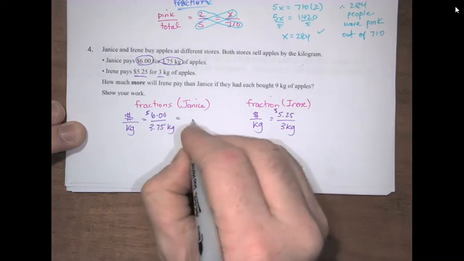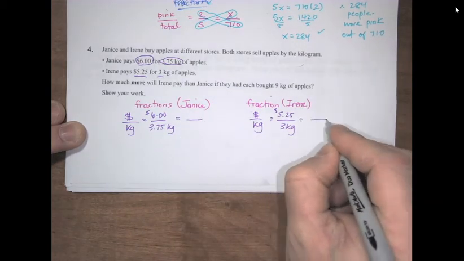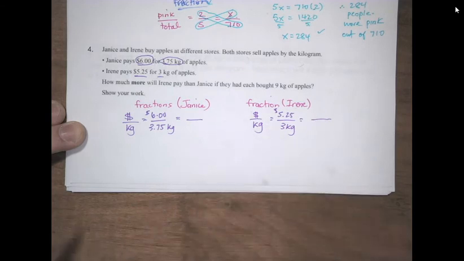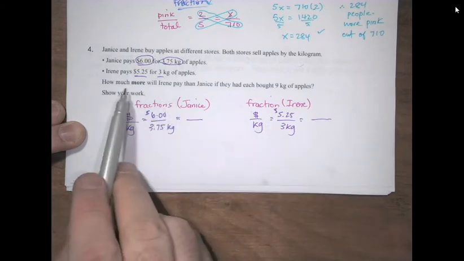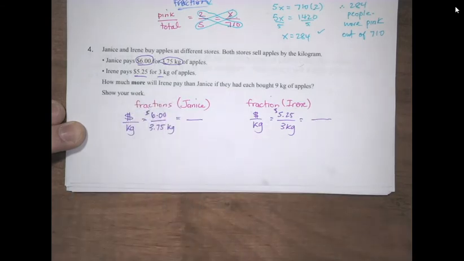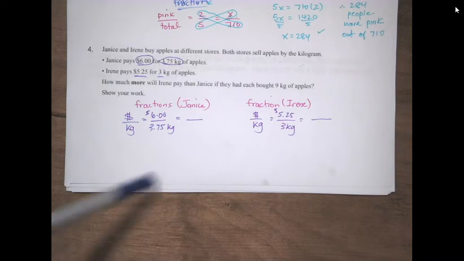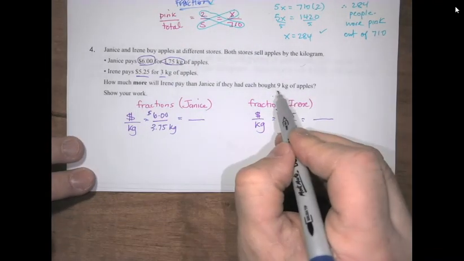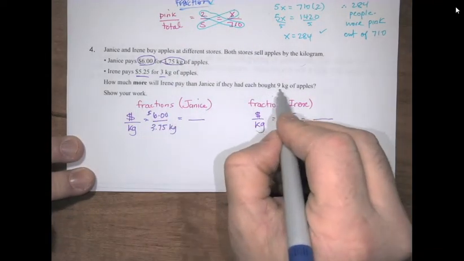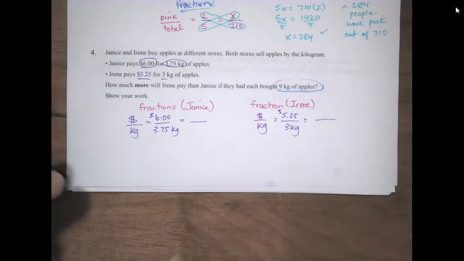The question now is, what are we going to do to figure out how much more Irene will pay than Janice? Hopefully you spotted something as you read the question. We want to know what happens when they buy 9 kilograms. Well, guess what?